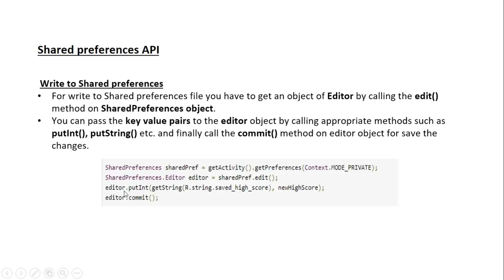But first, we have to submit that data to the editor object. Here it is an integer, so we use the method putInt. If it is a string, you have to use putString. If it is a boolean, you have to use putBoolean. The first parameter is the key for the data, and the second parameter is the data itself. And finally, you have to call the commit method to save the changes.